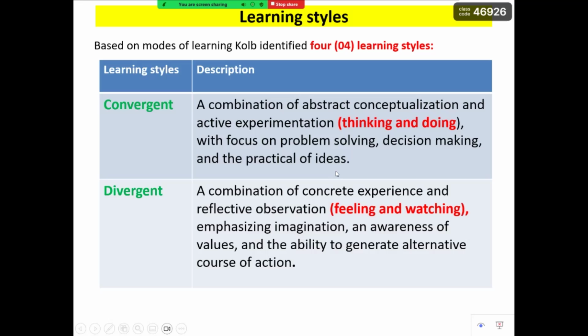But when you go to YouTube, obviously these four styles are clearly explained in detail, right? So I suggest you go to YouTube and find some relevant videos. Just type Kolb learning styles. Then you can simply understand what it is, right?